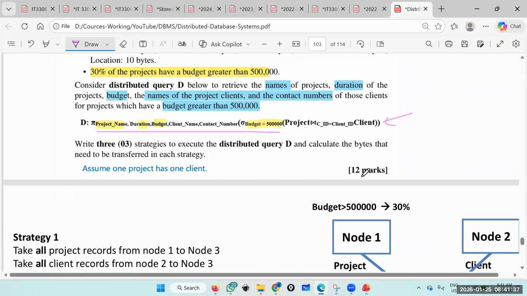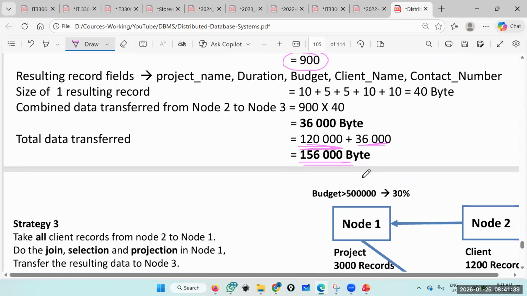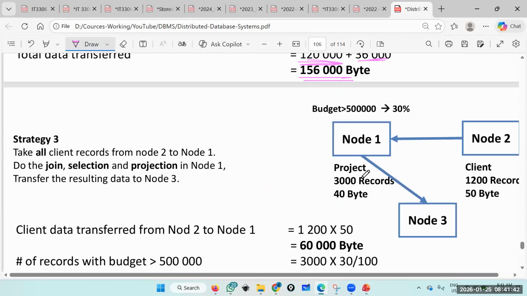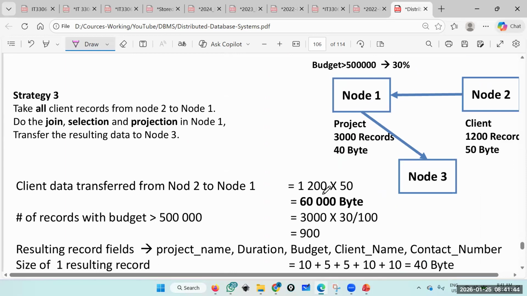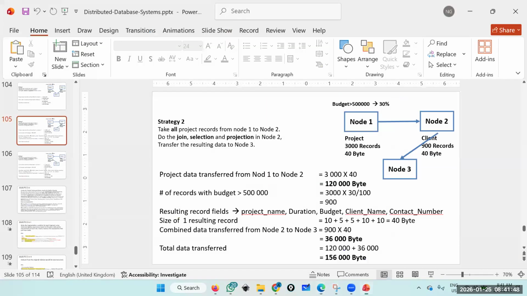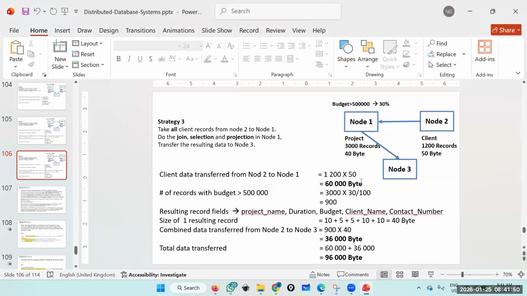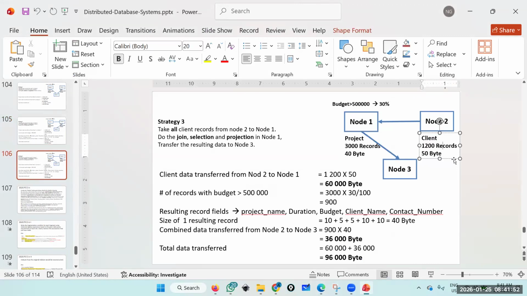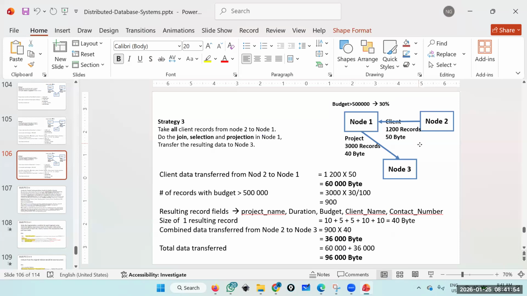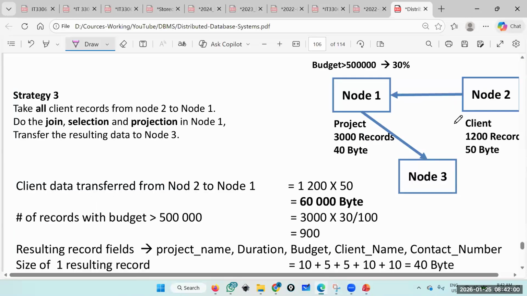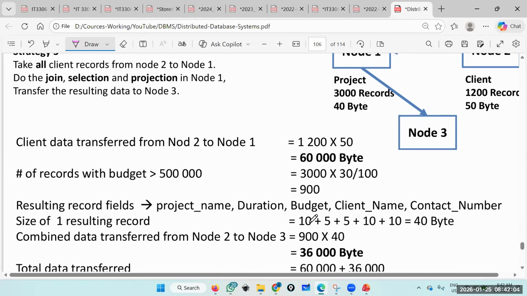So therefore 1,200 into 50 is taken there, that is 60,000. Let me take that also here. So from here to here, 1,200 into 50 is taken from node 2 to node 1, that is 60,000 byte.